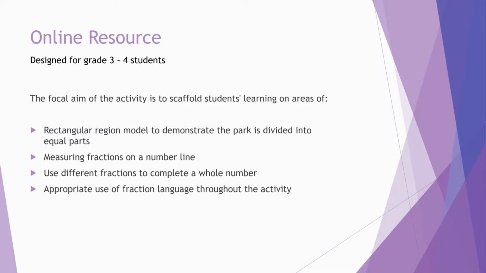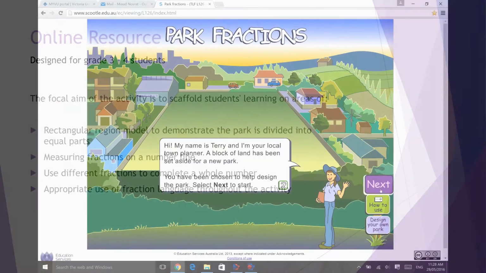The online resource is designed for grade 3 and 4 students, and the main focus of the activity is using a rectangular region model to demonstrate the park is divided into equal parts, measuring fractions on a number line, using different fractions to complete a one whole, and using appropriate fraction language throughout the activity.